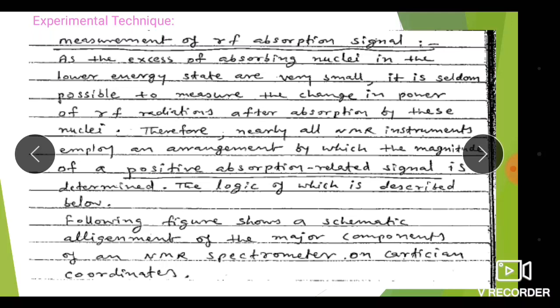Therefore, nearly all NMR instruments employ an arrangement by which the magnitude of the positive absorption signal is determined. Only positive absorption signals are determined, and the logic of this is described below.